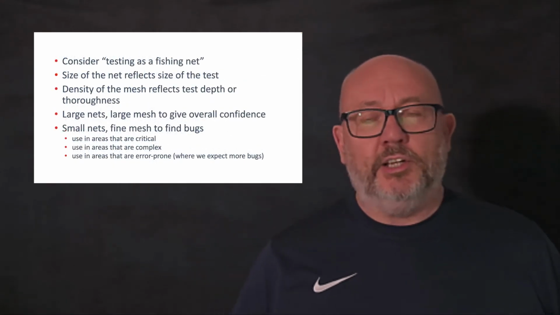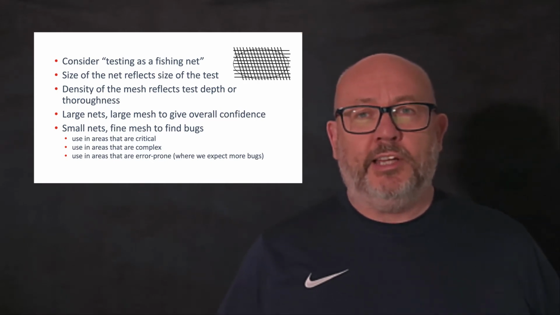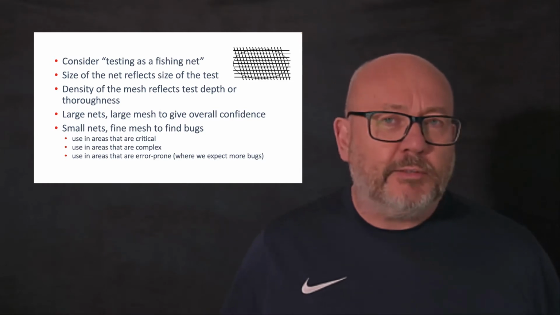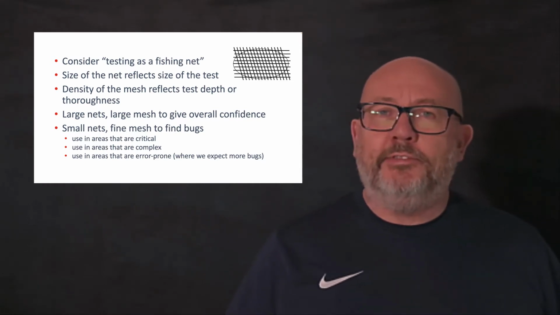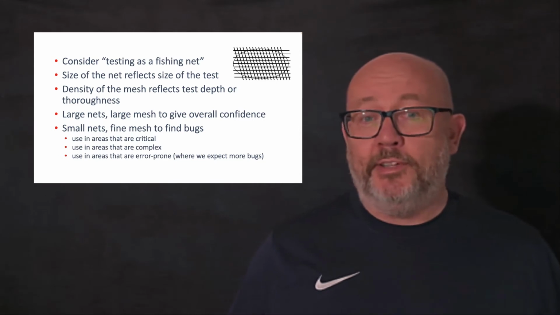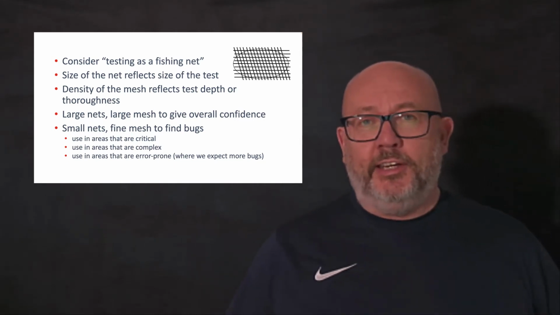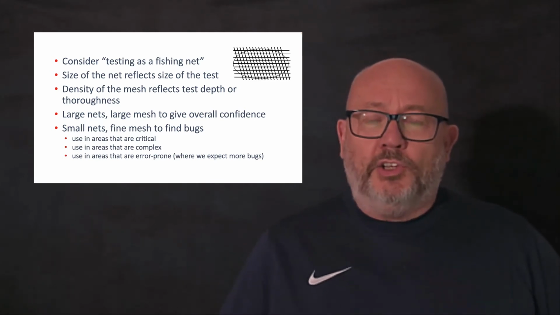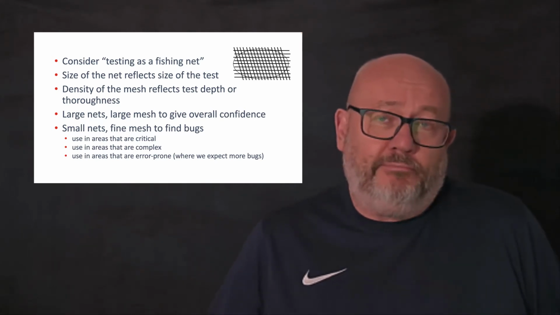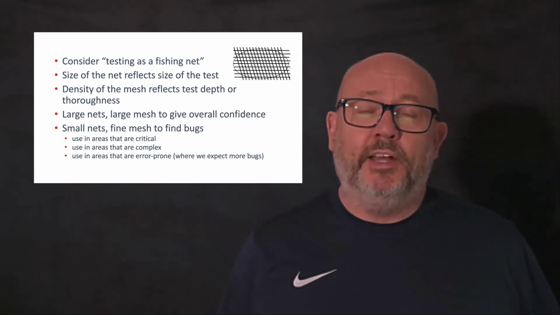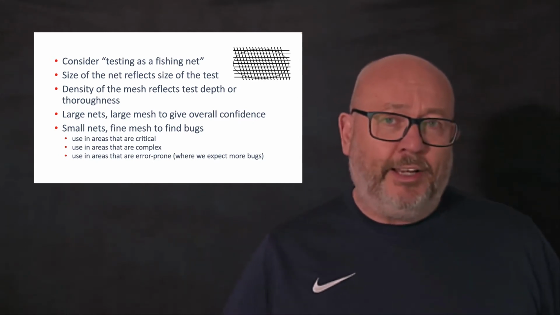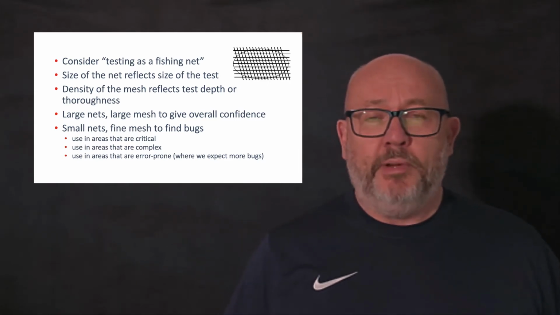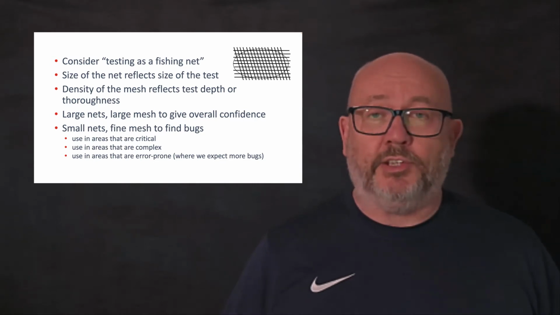So I want to consider using an analogy where we say testing is like a fishing net, let's say. We're going to go fishing for bugs, let's put it that way. So the size of the net reflects the size of the test, and the density of the mesh in the net reflects the depth or thoroughness or scale of testing, because a very dense set of test transactions, which is what the lines in the net represent, means that we have to create many tests.